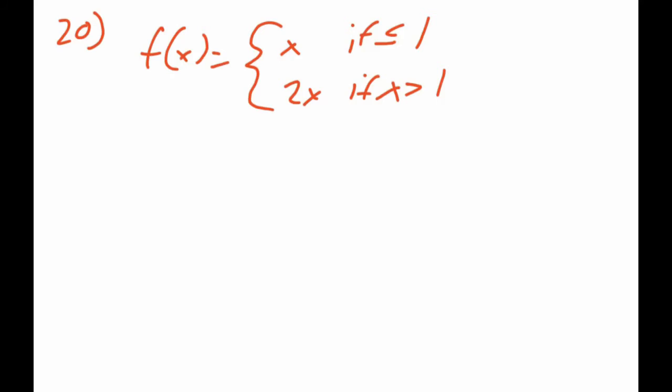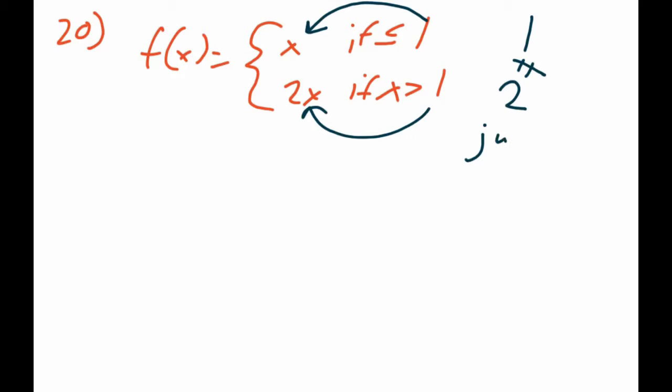Alright, we're trying to find out if this is continuous or not continuous. And so what we're going to do is we're going to plug this in here and we're going to get 1. And if we plug this in here, we're going to get 2. Since these two numbers are not equal to each other, what we have here is a discontinuity that we can call a jump discontinuity.